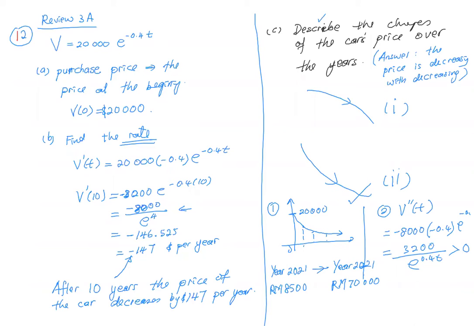So you know pretty well already from here that it is decreasing. So we are looking at the decreasing rate. So the issue is this part. Without the graph or without the second derivative, you won't be able to determine this. Are you clear? Hello? Class?